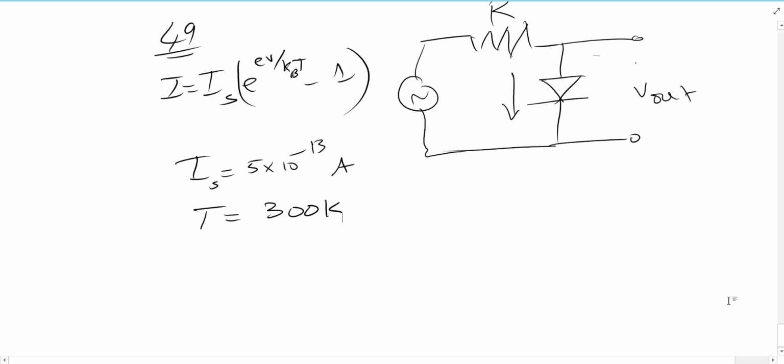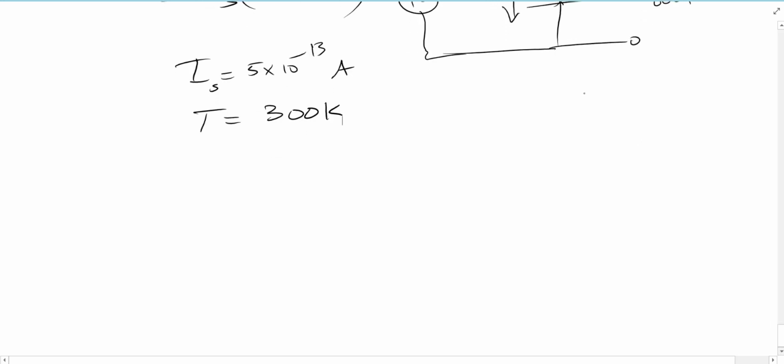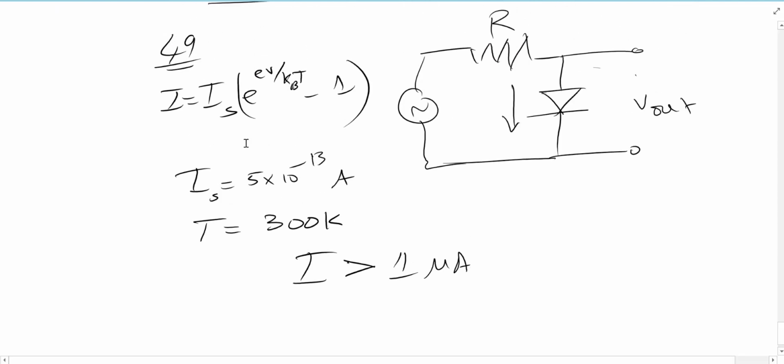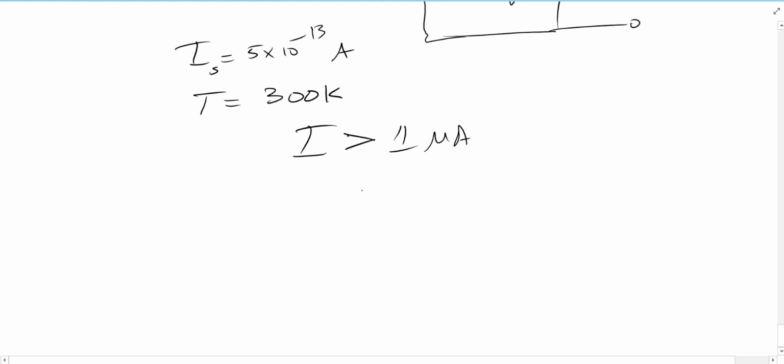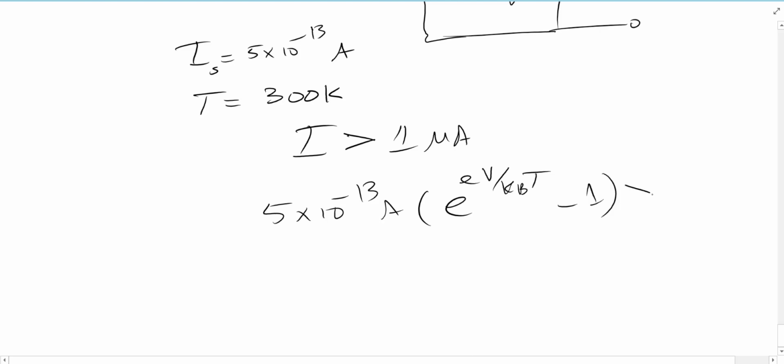Okay, so we need a voltage where this current I exceeds 1 microamp. So we need to solve this equation, or inequality I should say: 5 times 10 to the negative 13 amps times exponential of eV over k_BT minus 1 is greater than 10 to the negative 6 amps.